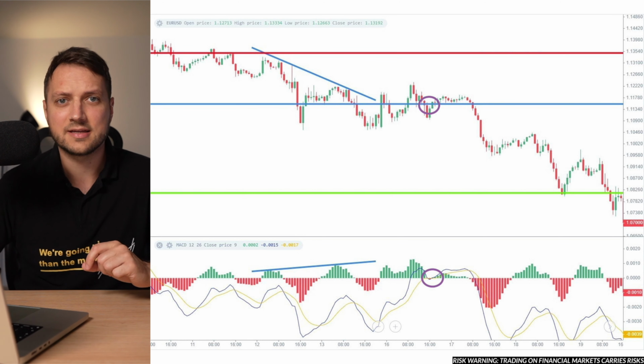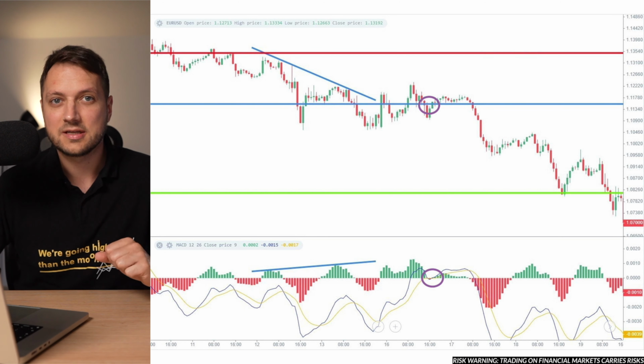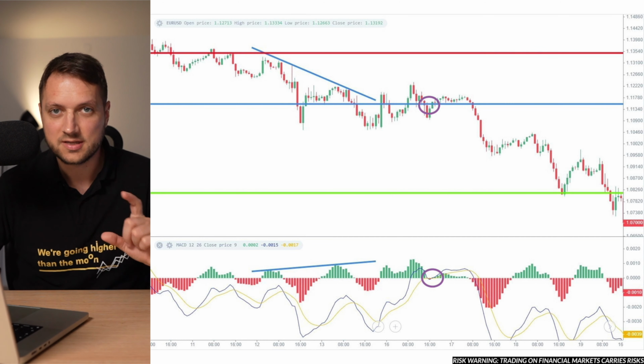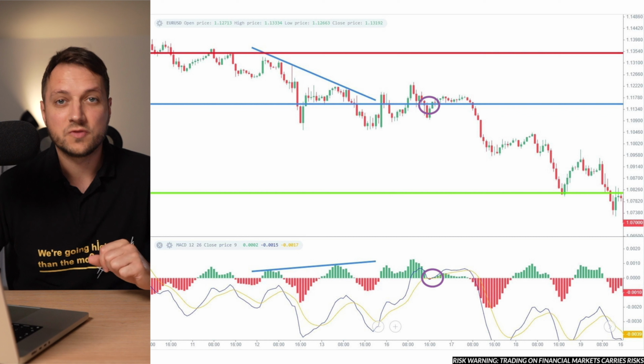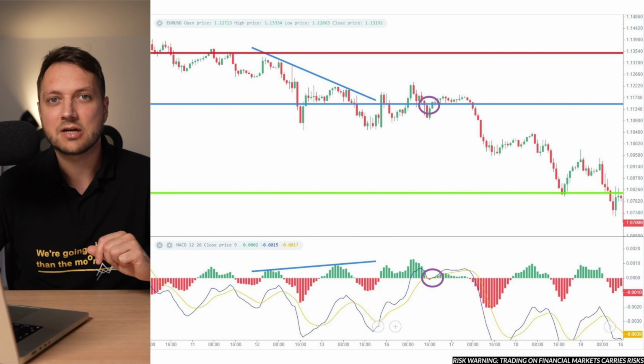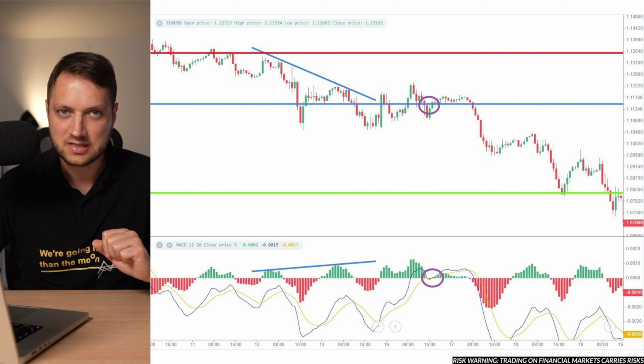To determine the entry point, we use the MACD moving averages breaking the zero level to the downside. Usually when the MACD moving averages go into the positive zone, it is seen as a trend reversal signal. However, taking into account hidden bearish divergence, we expect a false breakout of this level.